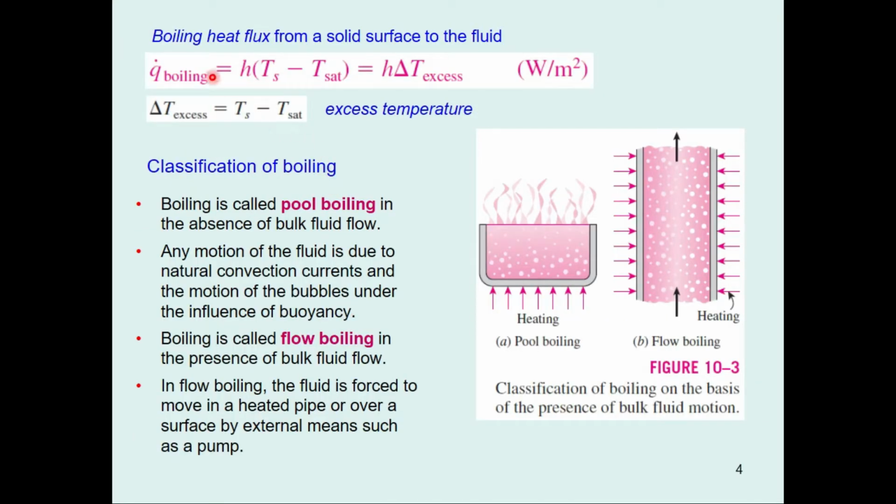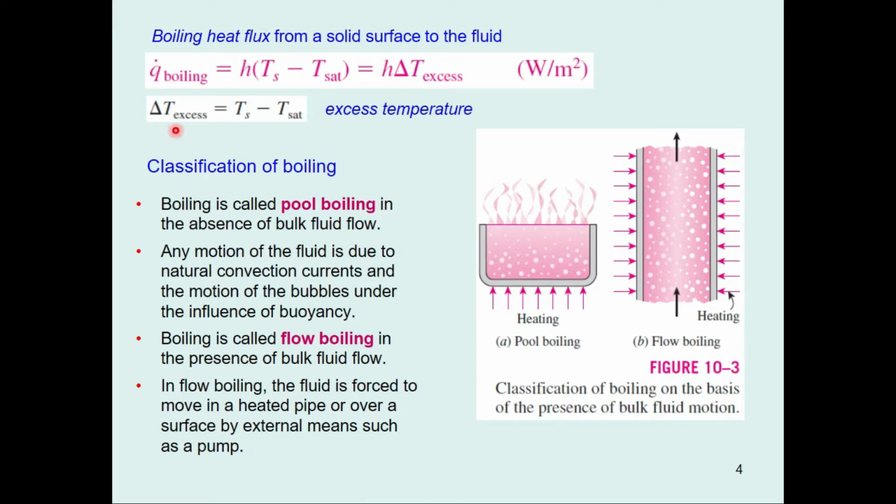So the boiling heat flux from a solid surface to the liquid is given by this expression. This is the heat flux, and it is simply the same relationship as Newton's law of cooling: the boiling heat flux, where h is the convective heat transfer coefficient, this is the surface temperature of the heating element, and this is the saturation temperature of the water. The difference between these two is called delta T excess, sometimes called excess temperature.